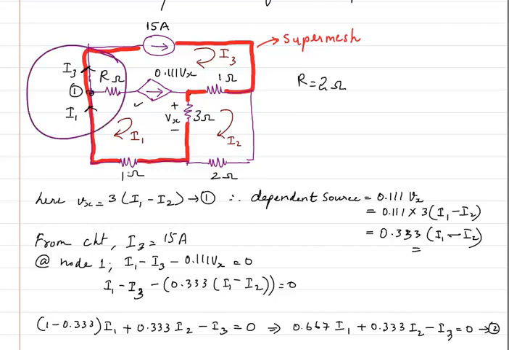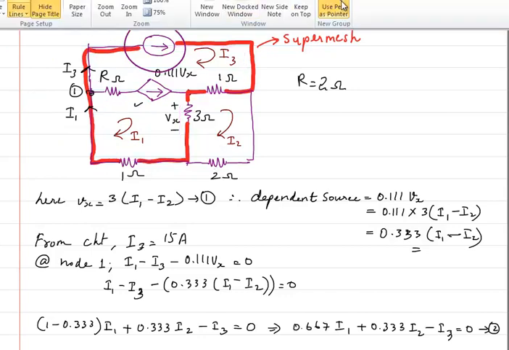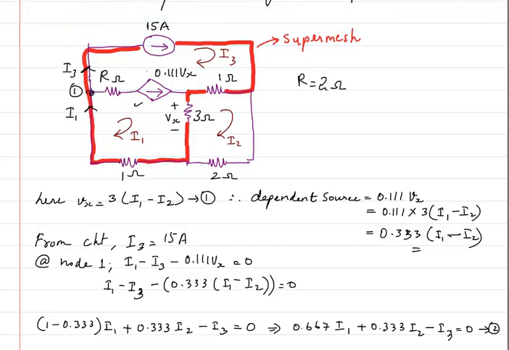Whereas the super mesh equation for this one we will not be able to write, because of this particular current source. Now coming to the remaining part, the second part of the circuit.